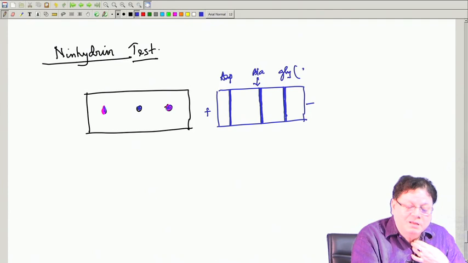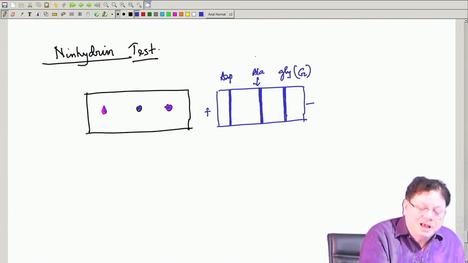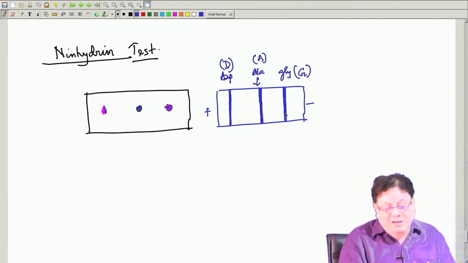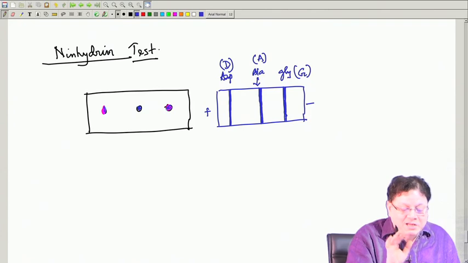Remember, if you take the single letter symbol, glycine is G, alanine is A, aspartic acid is D. So, DAG.